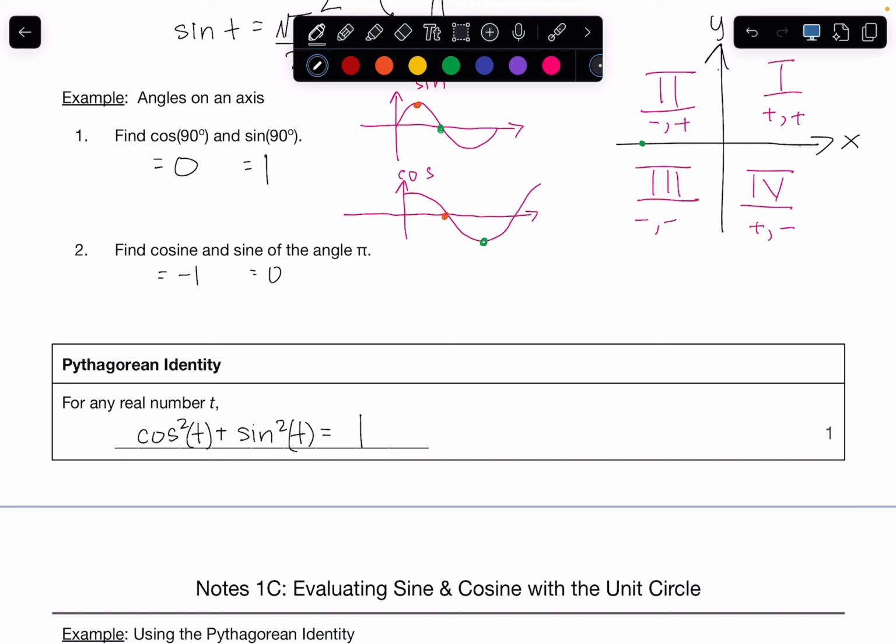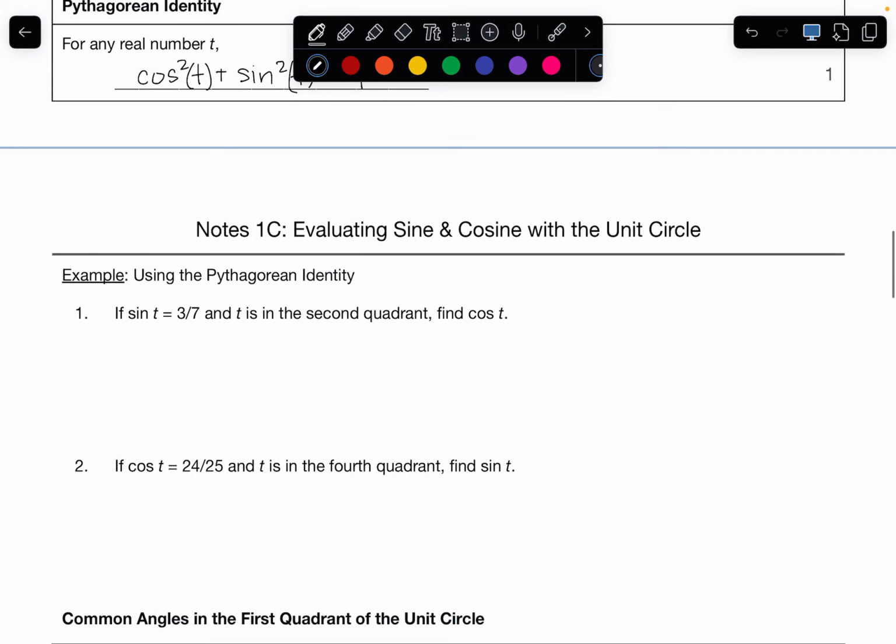Deep breath. All right. So first one says, we know that sine of angle T is 3 divided by 7. Don't know what my angle is. I know it's not one of those prefabs 30, 45, or 60 because that's not a fraction over 2. But I know that sine is 3 over 7. I want to find cosine.